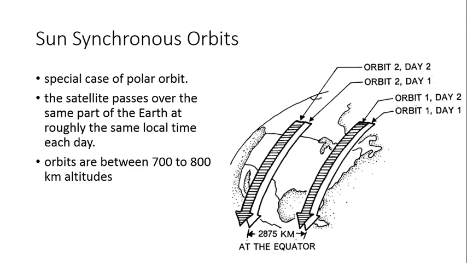The orbit has an altitude between 700 to 800 kilometers. These are used for satellites that need a constant amount of sunlight. A typical sun synchronous satellite completes 14 orbits a day, and each successive orbit is shifted over the Earth's surface by around 2,875 km at the equator.